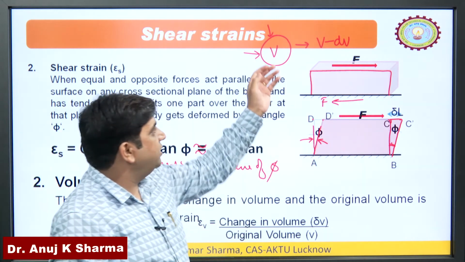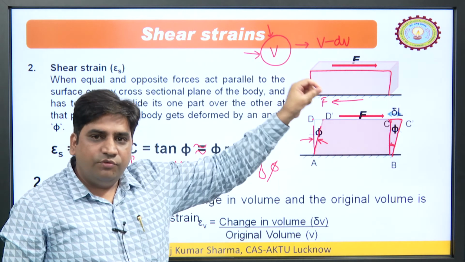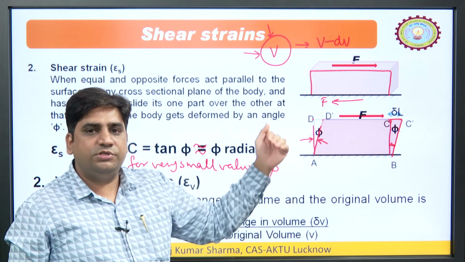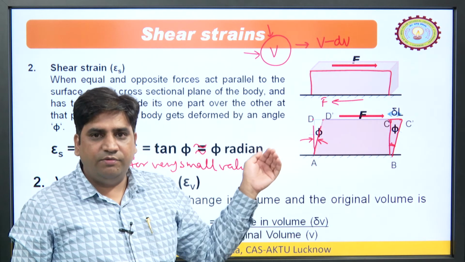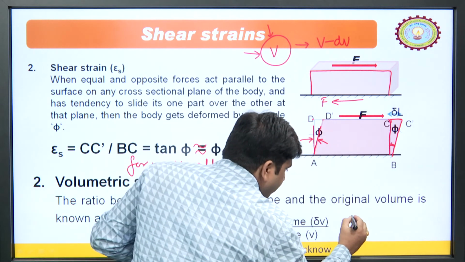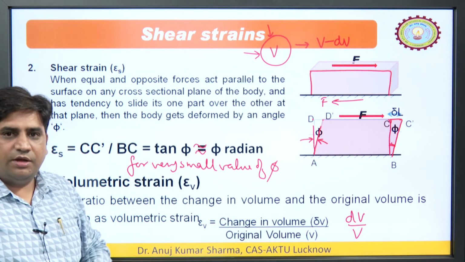If we want to calculate the volumetric strain, it would be final volume minus initial volume upon original volume, or change in volume upon original volume. The change in volume is delta V or dV, divided by the original volume V. So, volumetric strain is change in volume upon original volume. It is also a dimensionless quantity.